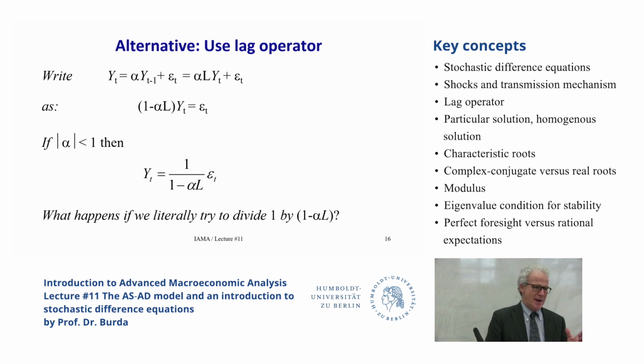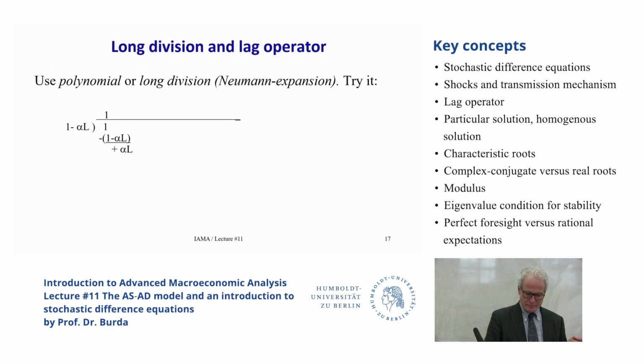So this is kind of an aha moment for a lot of people. We can use what's called long division. Take 1 minus alpha L and divide that into 1. Well, it goes in 1 time, leading term. Multiply 1 times 1 minus alpha L, subtract that from 1, what do you get? Alpha L. How many times does 1 minus alpha L go into alpha L?